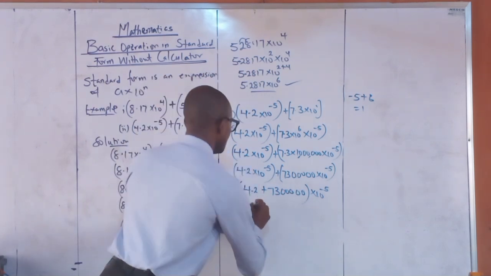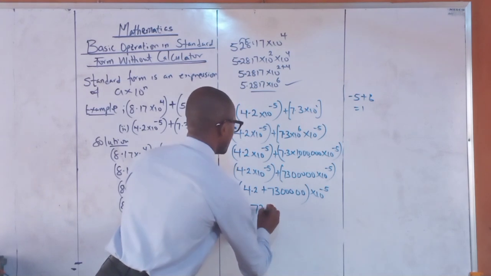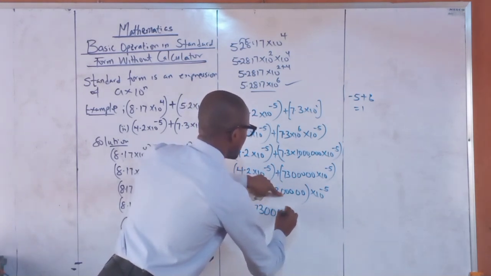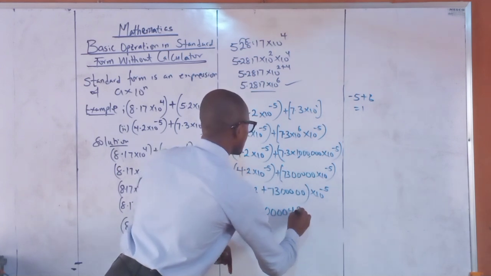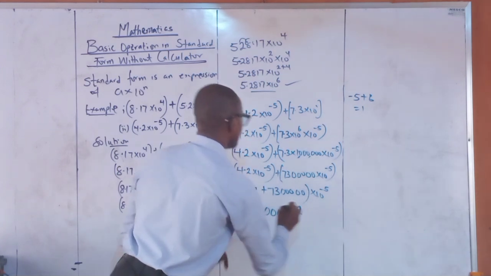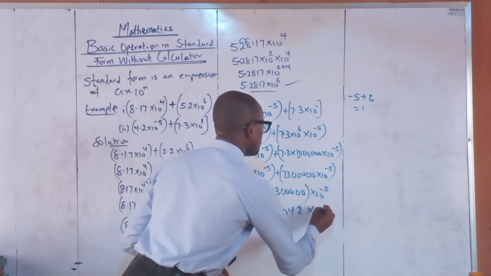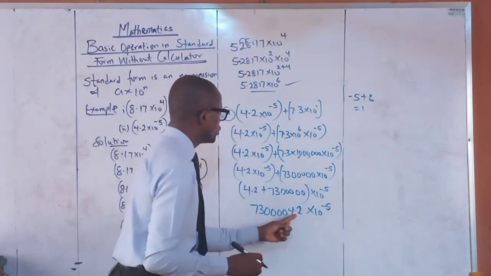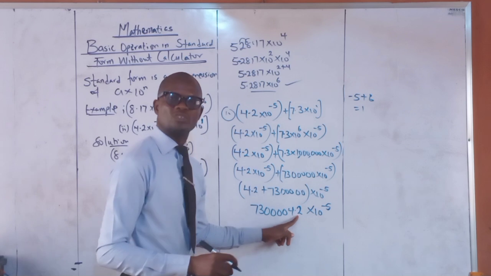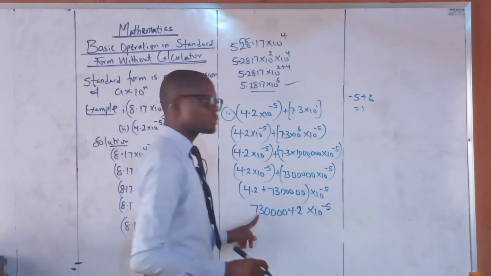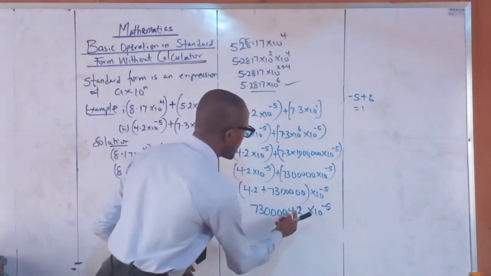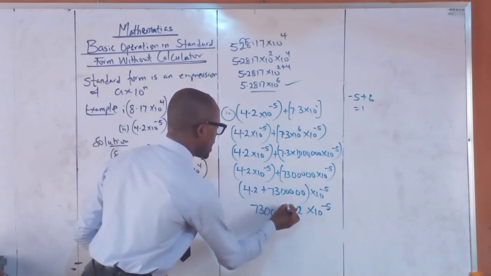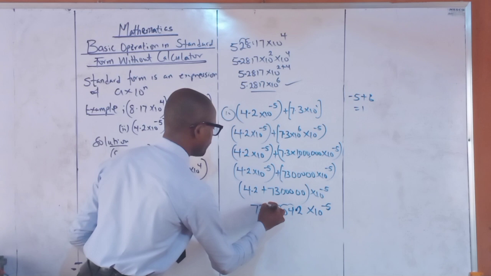And when you add, you have 73,000,004.2 times 10 raised to the power minus 5. And as you all know, you need to return this point to the back of the first digit. When you try this, you move 1, 2, 3, 4, 5, 6.